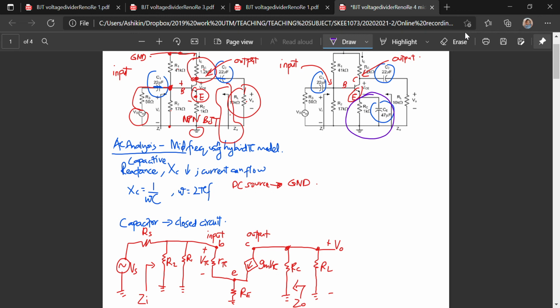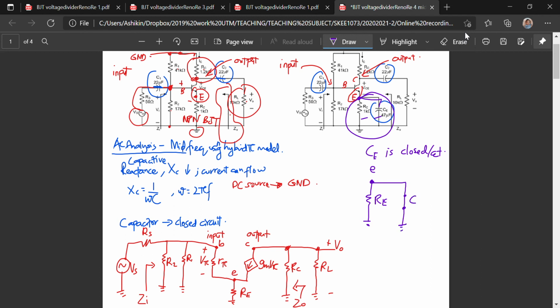At the emitter, it is connected to a capacitor and also a resistor. During mid-frequency analysis, CE is a closed circuit. So at the emitter part, this is RE and the CE is closed.